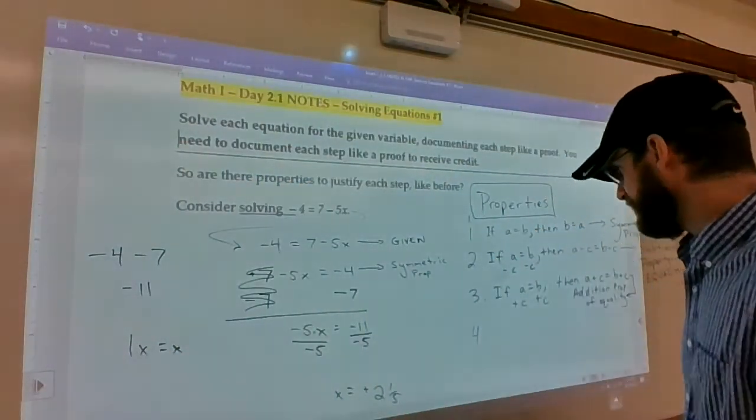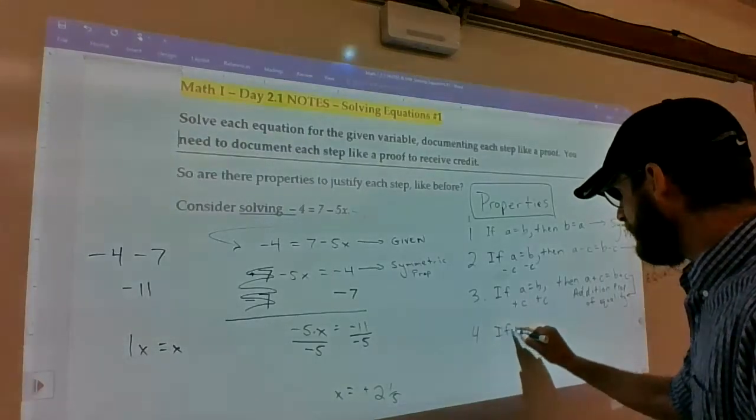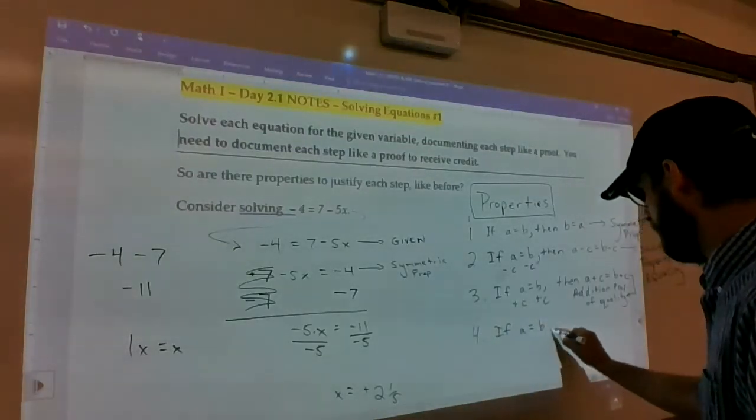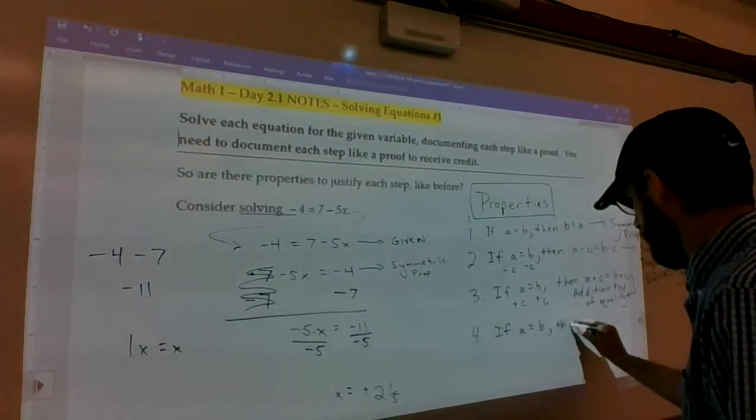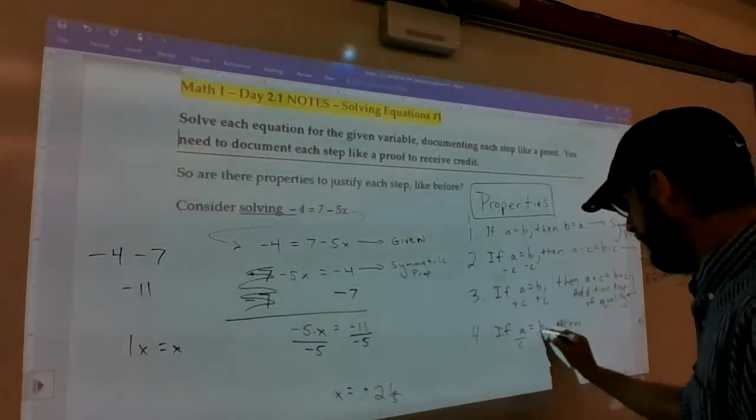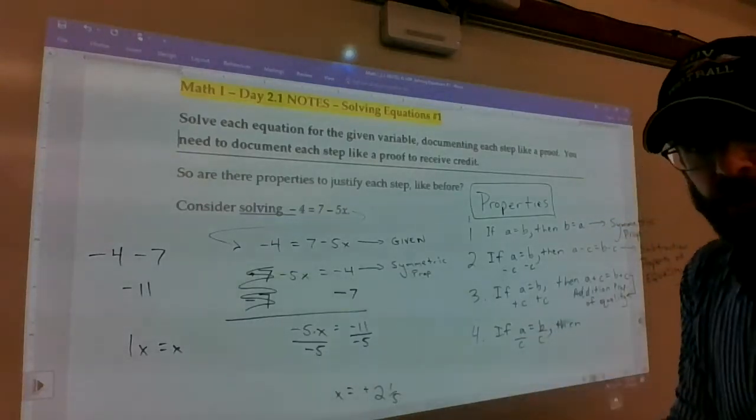The fourth property states if A equals B, then I can divide both sides by the same number, and it's still a true statement.